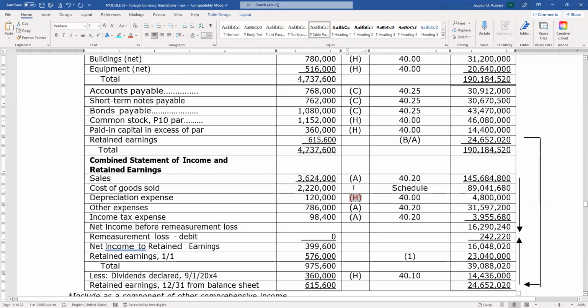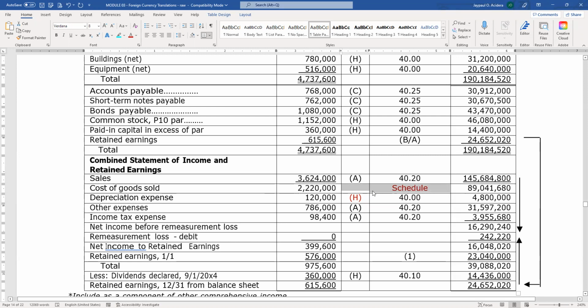Mapapansin niyo meron tayo dito historical, which is the depreciation expense. Okay, because it is related to a non-monetary item. Okay, and also under method 2, kung mapapansin nyo, blanco yun nandito sa cost of goods sold kasi meron tayong schedule. So bakit may schedule pa?